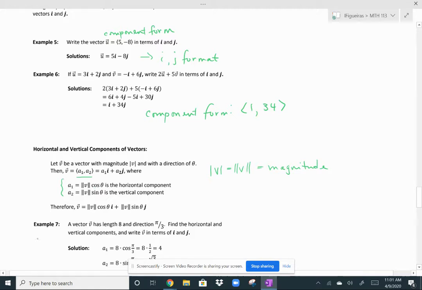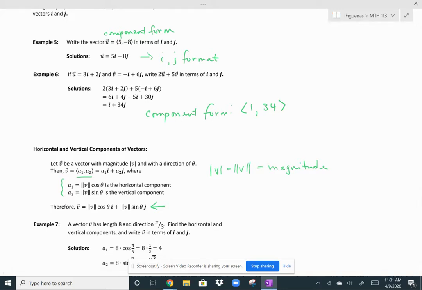That gives you the horizontal component. And a sub 2 is the magnitude times the sine of the angle. And that gives you the vertical component. So once you figure that out, you can state that your vector is |v| cosine theta i plus |v| sine theta j.